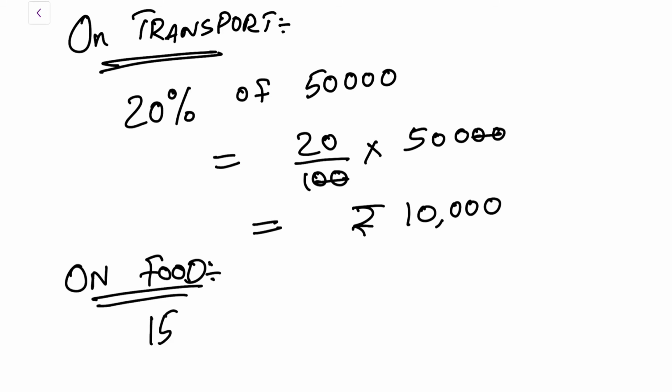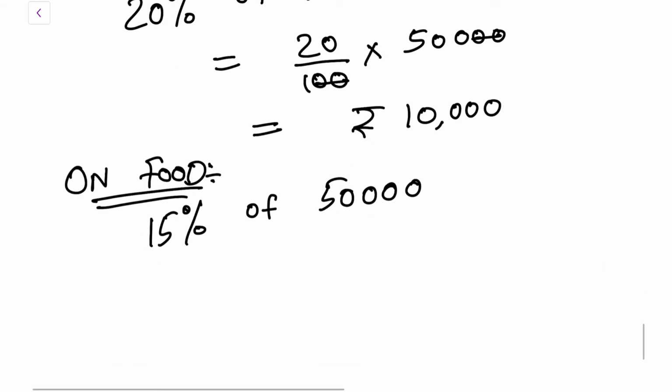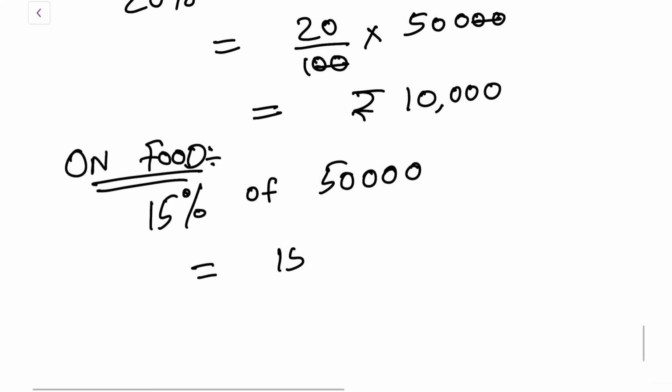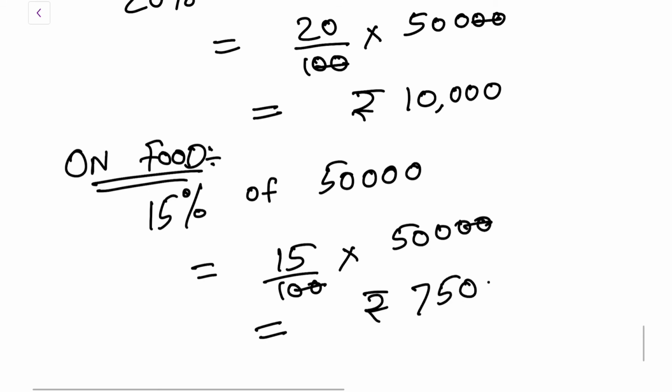That's right. So 15% of the money he earns. That's 50,000 rupees. So how do we calculate this? 15 by 100 into 50,000. That's right. 2 zeros, 500 into 15 will give you 7,500 rupees. So this is the money he spends on food.